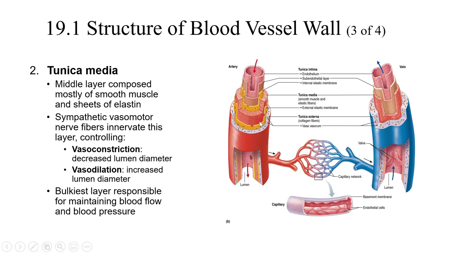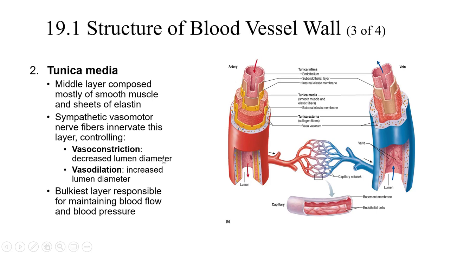So in the artery, you have two layers of elastin. You have an internal elastic membrane, and you also have an external elastic membrane. The smooth muscle, the tunica media, is sandwiched between the internal as well as the external elastic membrane.